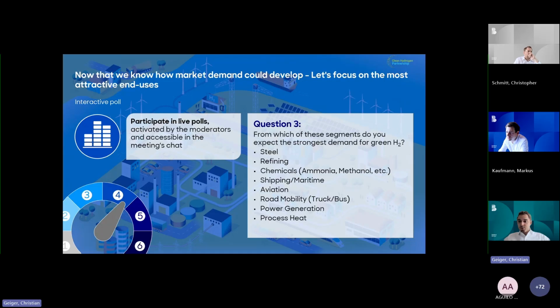You should now see the poll being live, to prioritize the end-use segments. So let's take a minute to get your answers.